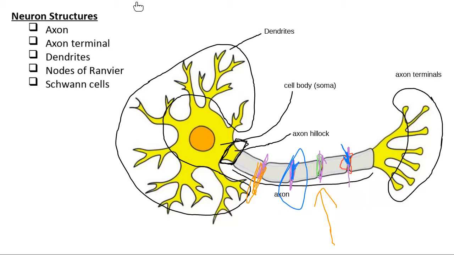Nodes of Ranvier are going to help us out with something that we call the action potential. When I'm sending a message, remember potential means charge and action means we're moving.